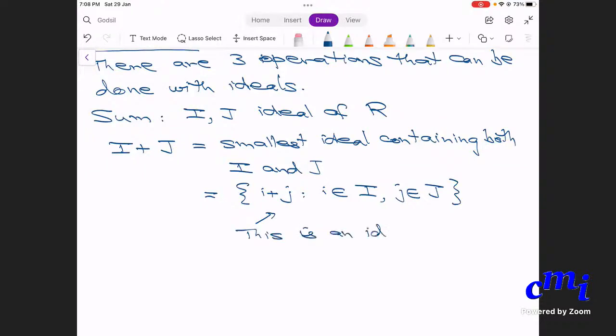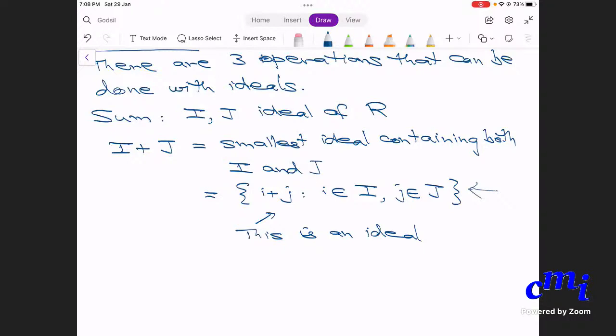It's closed under subtraction and closed under multiplication by elements of R. And one can also check that it is the smallest ideal which contains both I and J. You have to check that this contains I, that this contains J, and any ideal which contains both I and J contains this particular ideal. Right? So this is the sum of I and J.